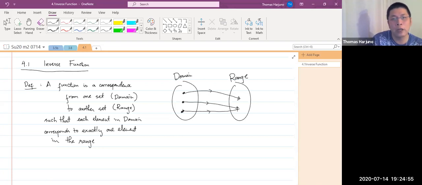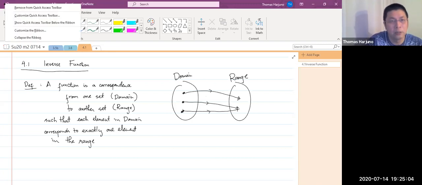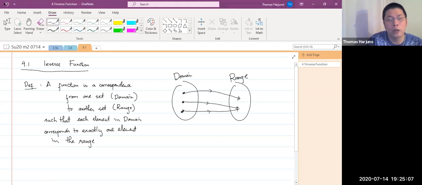Once you have any branching from any element in the domain, then it is not a function anymore. So from each element in the domain, you have only one arrow coming out, corresponding to one element in the range. Now, this is for a function.